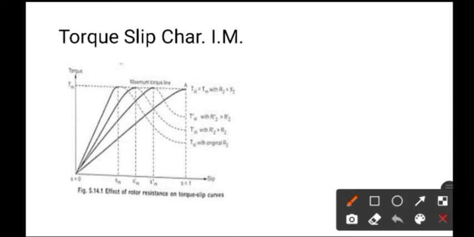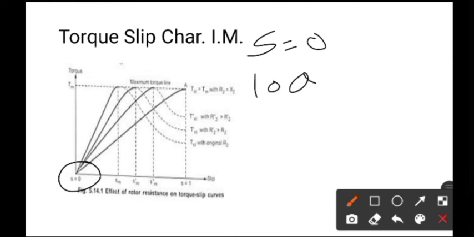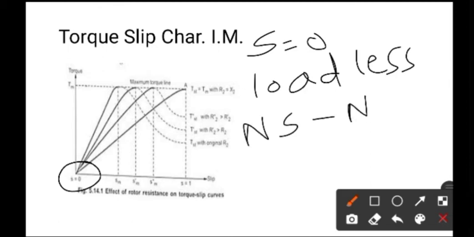Now the characteristic starts from the origin, that is S is equal to 0. It means that load is less and the difference between synchronous speed and actual speed is also less.